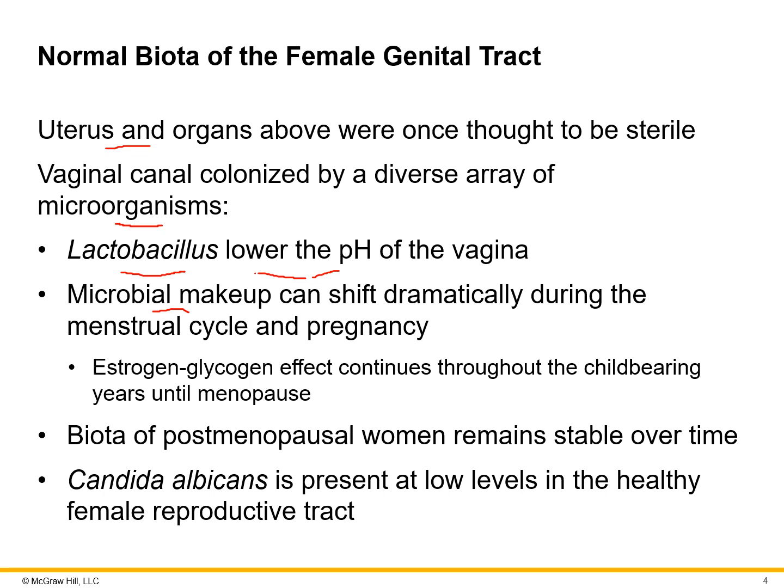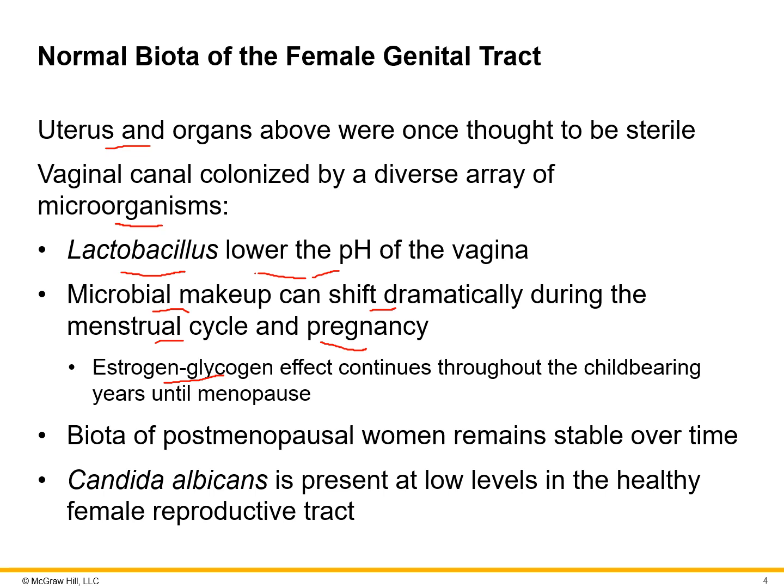Also, this microbial makeup actually shifts dramatically during the menstrual cycle. So even from week to week, that biota looks different in the female, even different again during pregnancy. And this is because of an effect called the estrogen glycogen effect, and we'll talk more about it in the next slide as well.